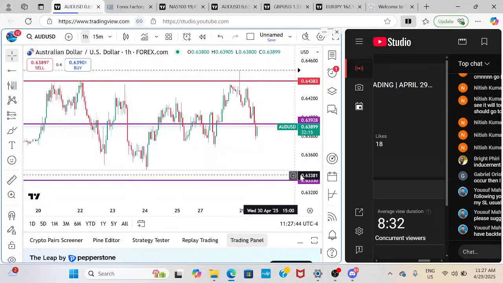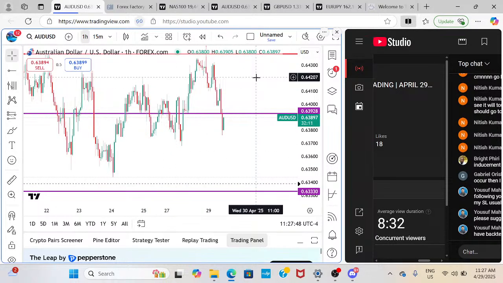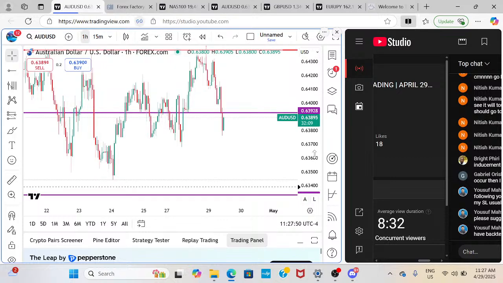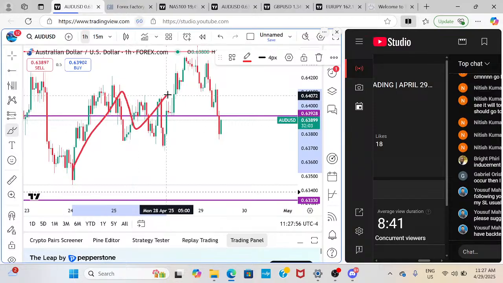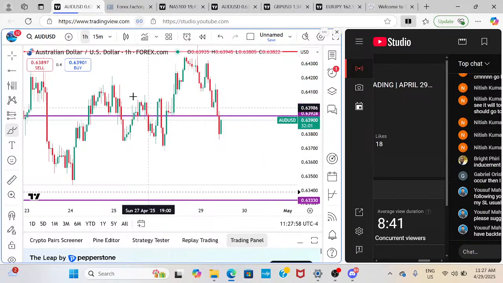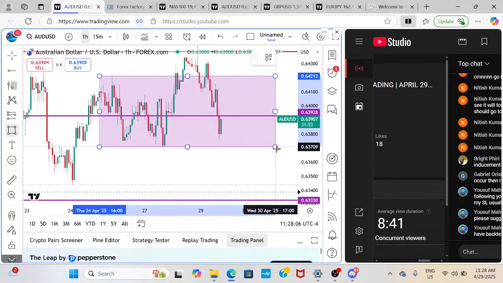Now I want to see what's happening right over here. Okay, so I'm going to basically look at what's happening here. Because over here we also have a structure that is playing out. Okay, so let me analyze it for you guys. So we have this structure that's currently playing out right here.